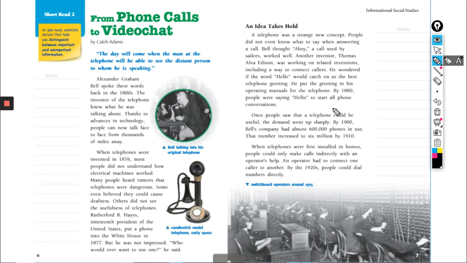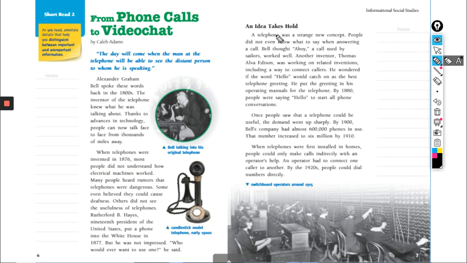Another inventor, Thomas Alva Edison, was working on related inventions, including a way to connect callers. He wondered if the word hello would catch on as the best telephone greeting. He put the greeting in his operating manuals for the telephone. By 1880, people were saying hello to start all phone conversations.